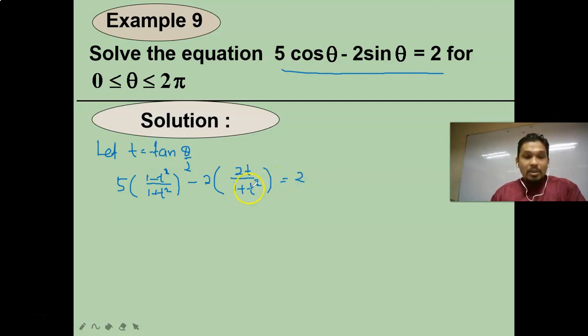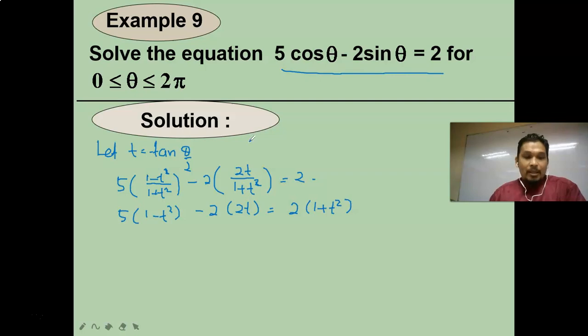From here, we have equal denominators of 1 plus t squared, so we multiply with 1 plus t squared also here, then we get 5 times 1 minus t squared minus 2 times 2t equal to 2 times 1 plus t squared.